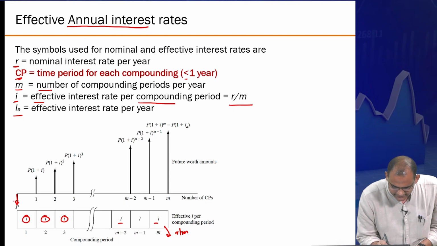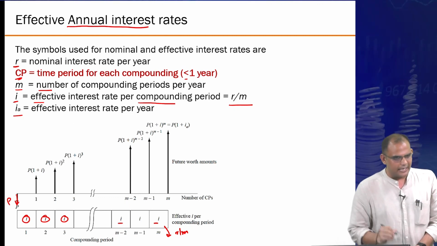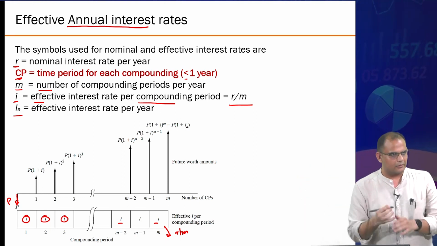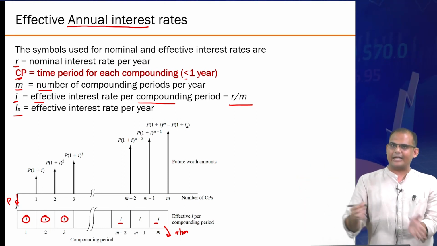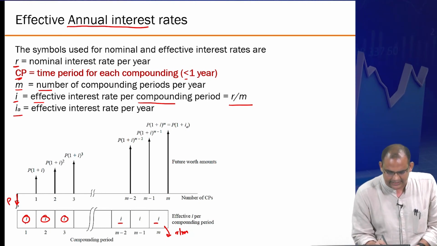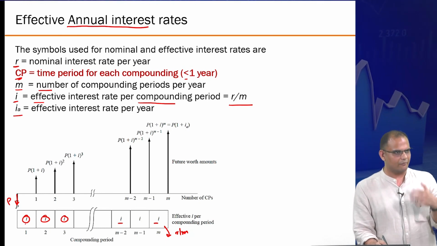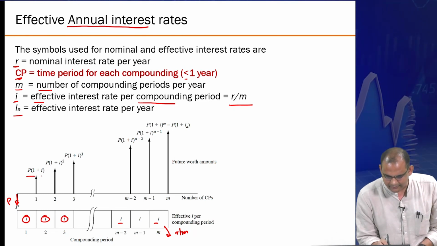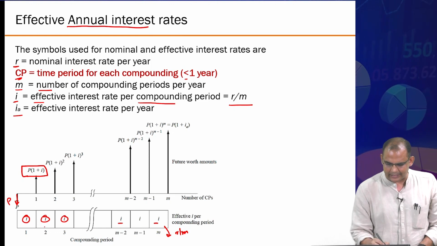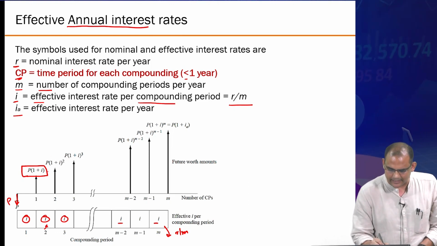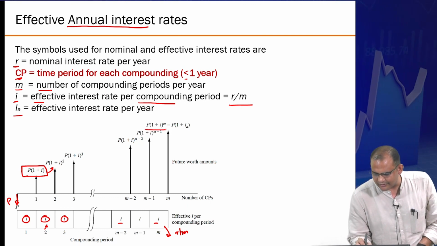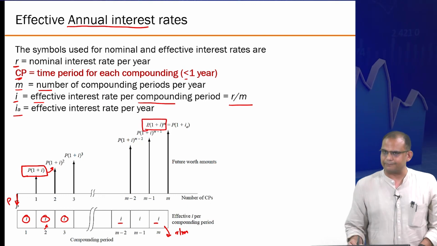Let's say you denoted some P value in the beginning and you want to estimate the final value at the end of 1 year. For the first period, this is invested at I% for the time period, so the value becomes P into 1 plus I. In the next period also the rate is I, so it becomes P into 1 plus I square. At the end you reach P into 1 plus I to the power M, right?